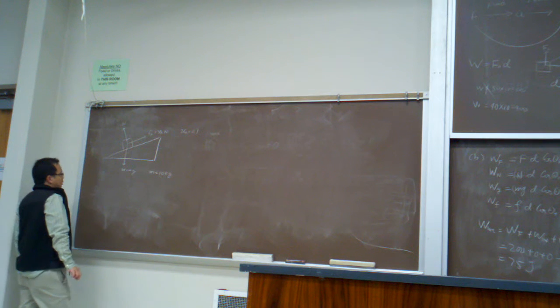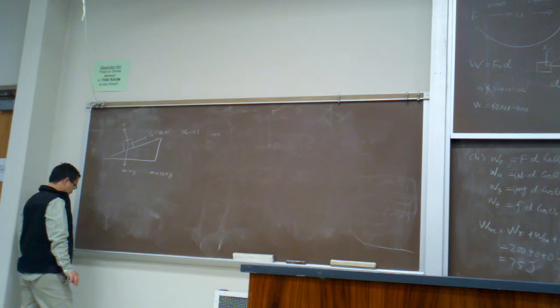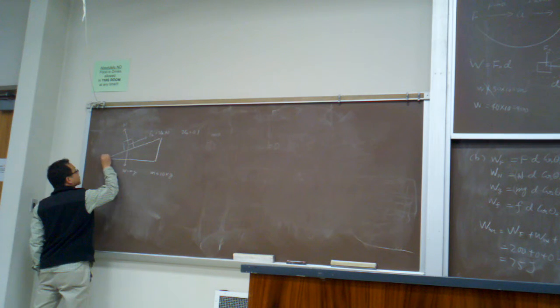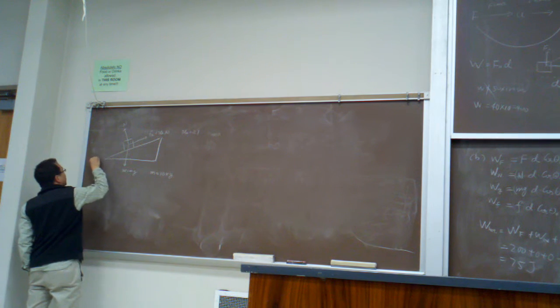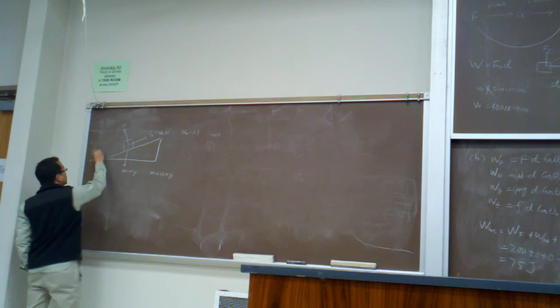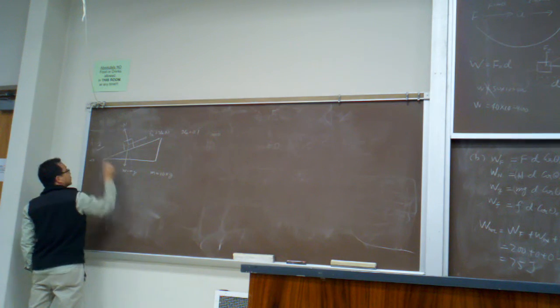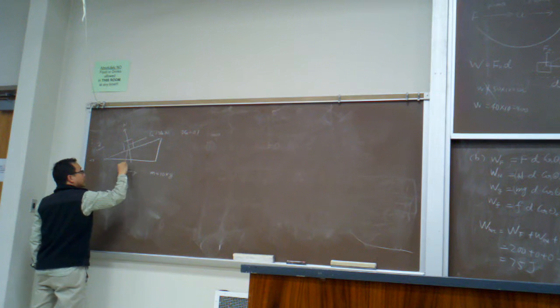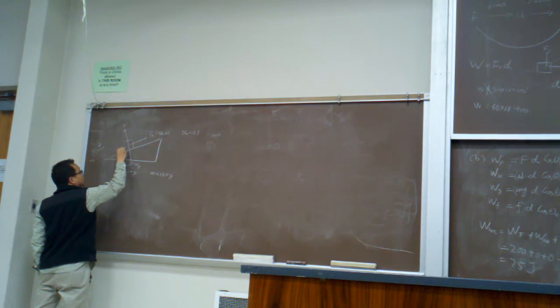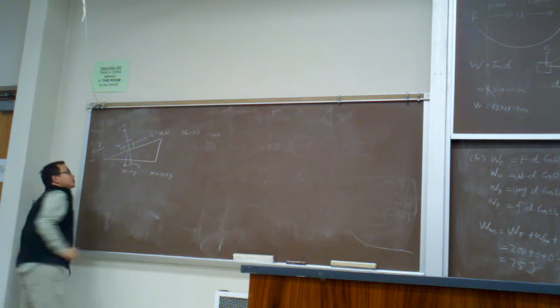So you need to first find N and then calculate Fk. Now, in this case, you can choose the coordinates like this. Positive x is also the direction of the motion. Okay, d is along this direction. And then you should get Wy and Wx.